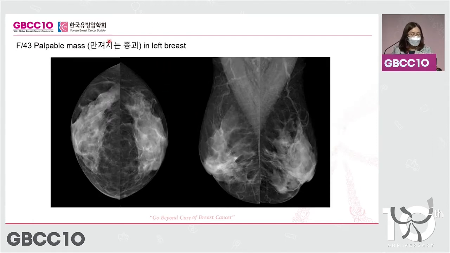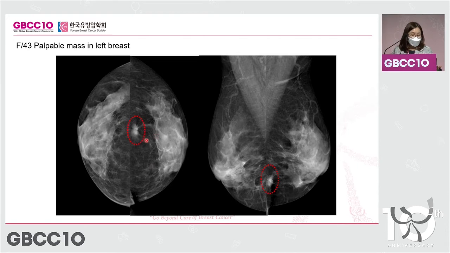So if a patient comes to the hospital with a palpable mass in the left breast, in the mammography, we cannot see a palpable mass because the left breast does not include the areas that need to be seen. So we asked a radiologist to take another mammogram, and we were able to find this lesion.